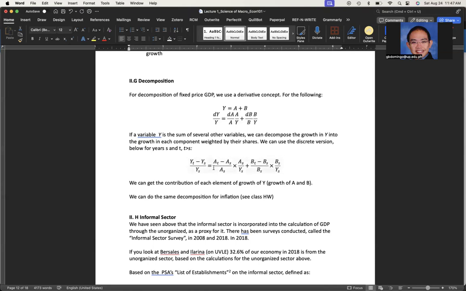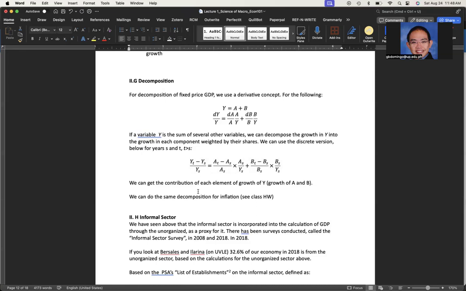It's equal to the growth in A, times the share of A in Y, plus the growth in B times the share of B in Y. There are two elements here, A and B. So you can get the contribution of each element to growth in Y. The growth of A and B contributes to the growth in GDP depending on how large their share is.